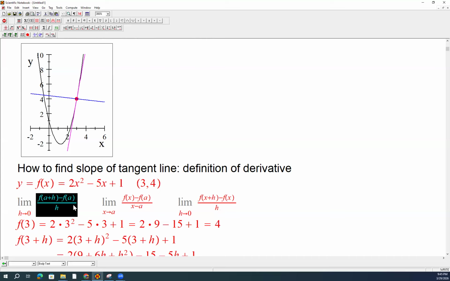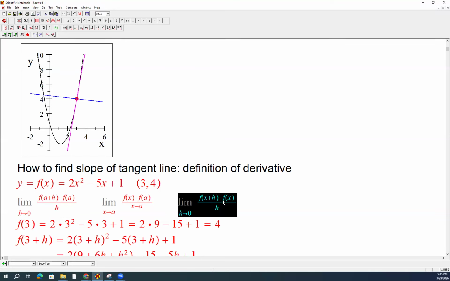And the first formula, if you don't use any specific value for a, it plays the same role as this piece.